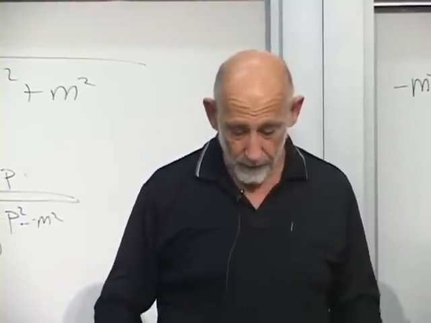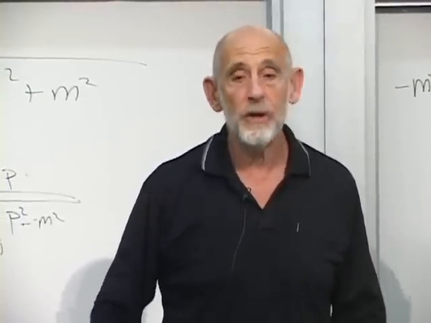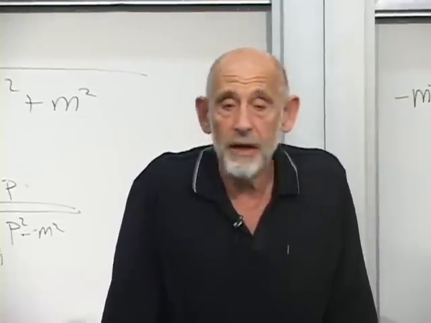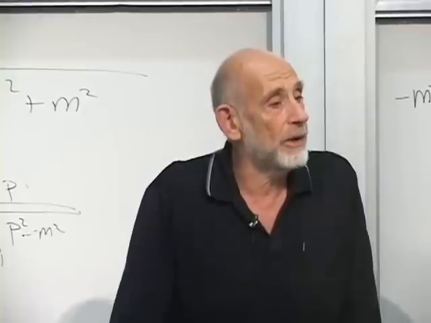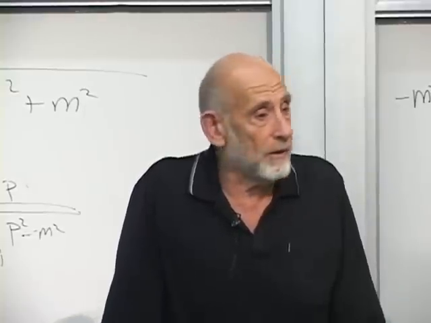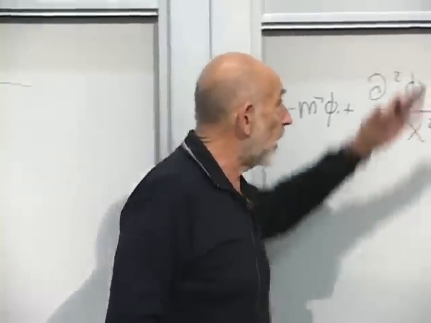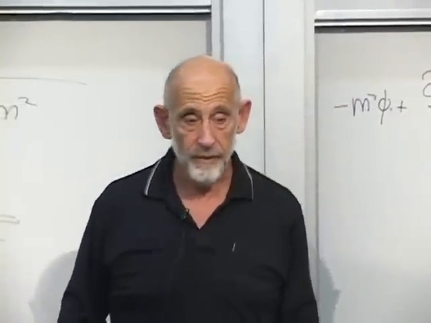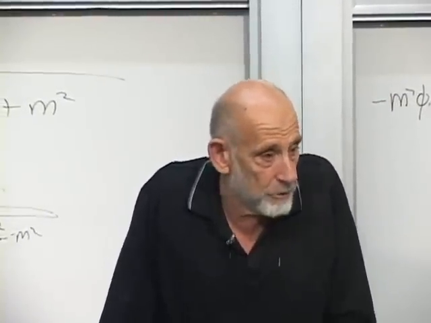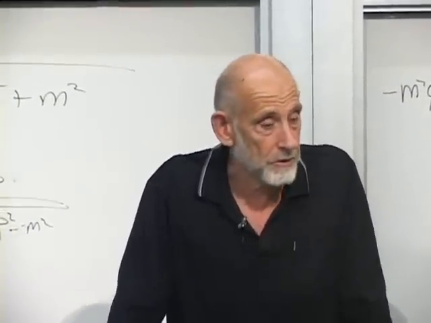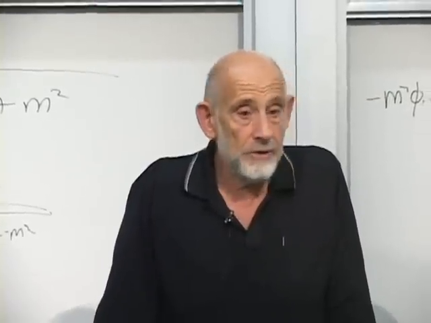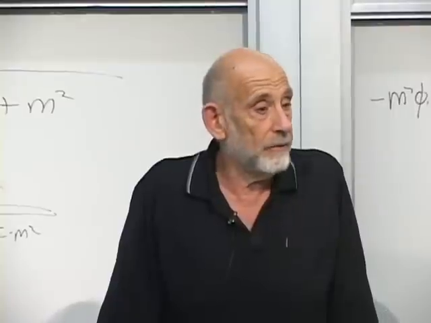But okay, so far what we found, if we ignore the tachyon, just say somehow by magic we're going to get rid of it, we have found a theory which has a photon-like object in it. A massless photon-like object with two polarization states, and it's a candidate for something like the photon.